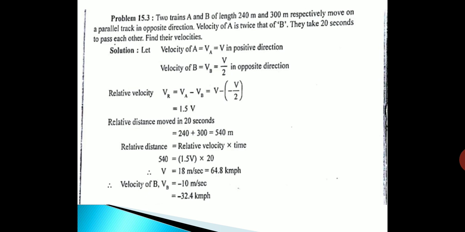So this is a very easy example where we have found the velocity of train A as 18 meter per second and the velocity of train B as minus 9 meter per second. That minus doesn't indicate negativity, it is only indicating that both the trains are moving in opposite directions.